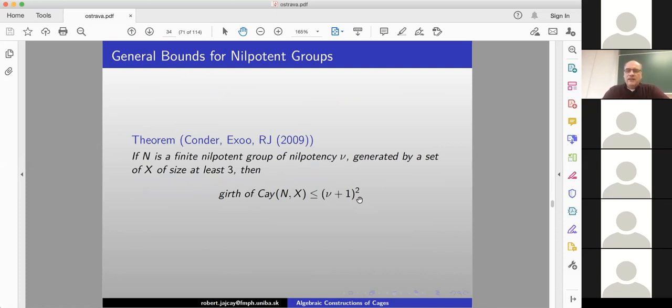So that means that if you want to construct large graphs with large girth, you need to keep increasing the nilpotency of the groups you are considering, which means you're increasing their complexity.